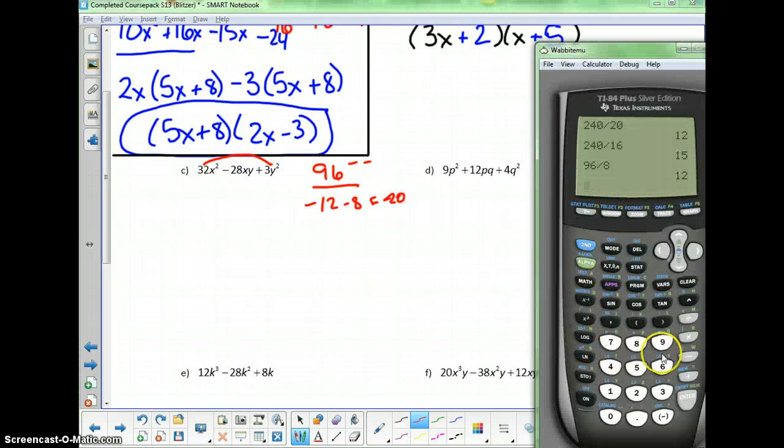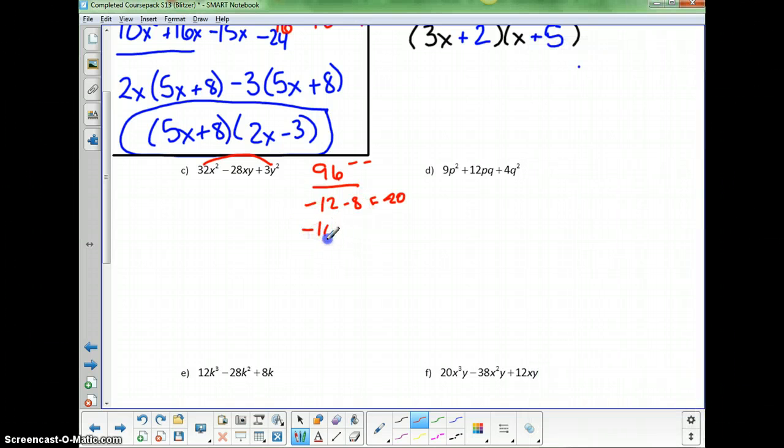Okay, so let's try again. 96 divided by 16 is 6. So negative 16 minus 6 is negative 22.